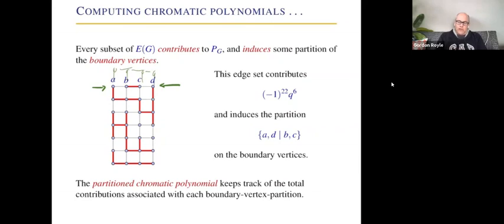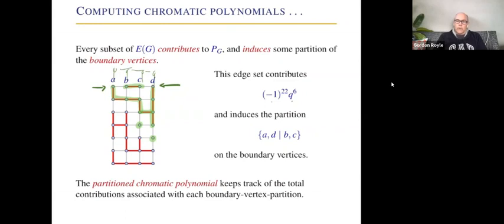Okay, this particular edge set, the red edges, they contribute -1 to the 22 because there are 22 edges in that set, q to the 6 because there are 6 components. So let's have a look at the 6 components. One there, one there, one there, one there, and then the rest. Okay, so it induces the partition A is connected to D and B is connected to C and nothing else.